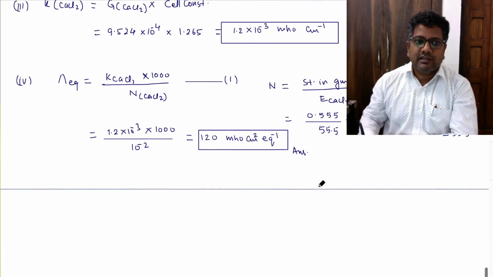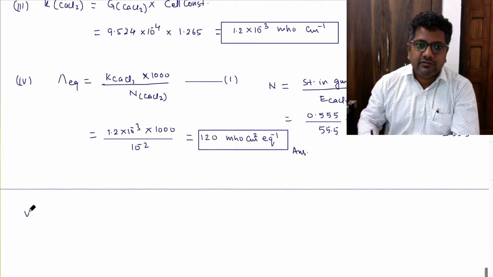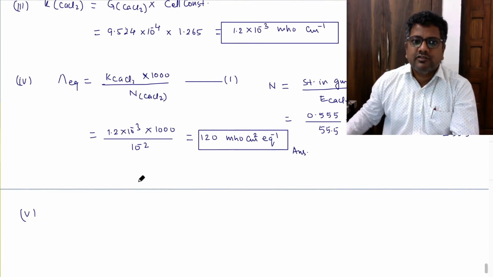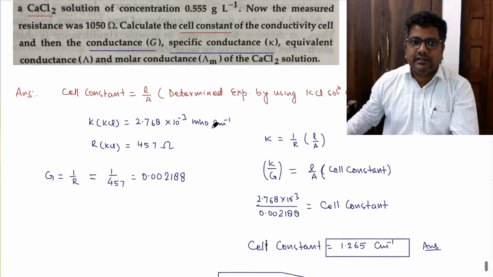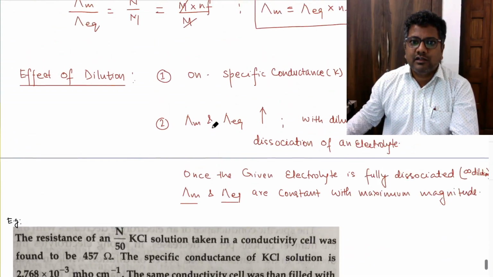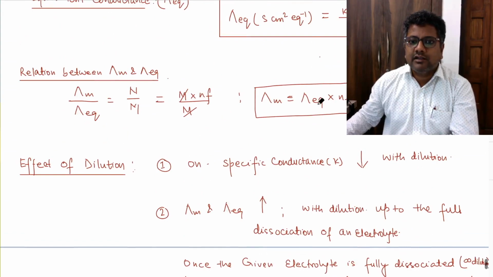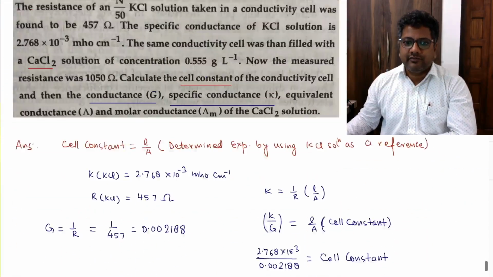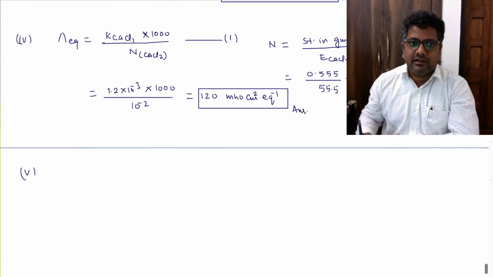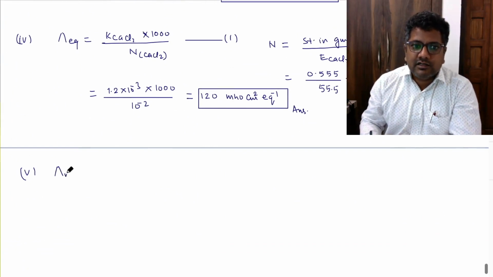Now molar conductance, the fifth part. You can use this relation: molar conductance is equal to equivalent conductance into the n factor. So directly you can calculate it for CaCl2.